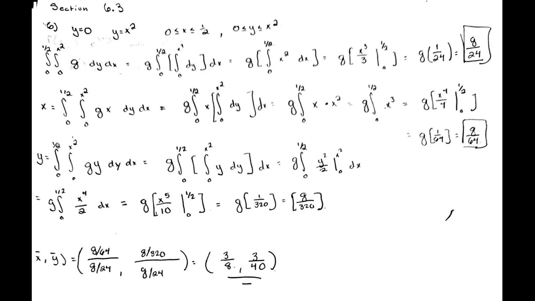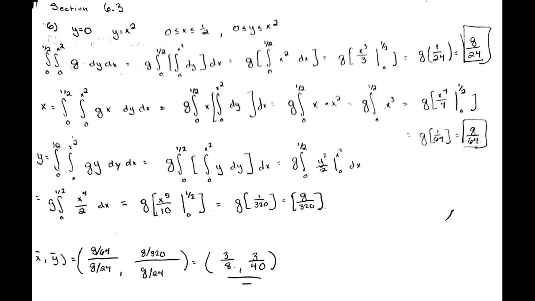So when we're looking for x and y, we would just substitute in at the top. When we're looking for x, we would be solving for the double integral of mass density times x. Once again, g, or mass density, will be outside both integrals, while x is a constant in terms of y, and so it will be outside. We will solve for g, the integral from 0 to 1/2 of x, the inner integral from 0 to x squared dy dx.